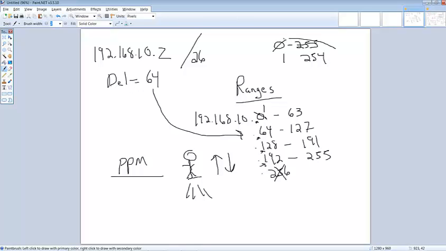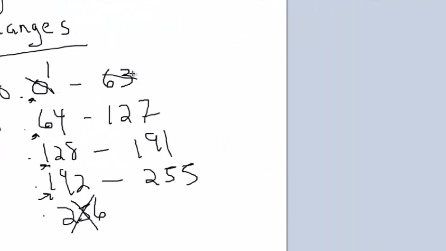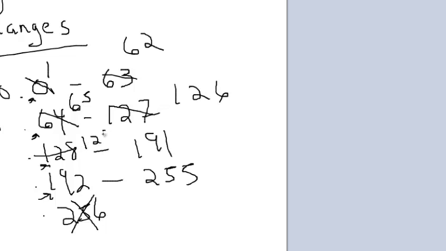Well, now instead of having that one large network, we have 4 separate networks, don't we? 4 sub-networks. So it's up 1 to 1, down 1 to 62. Up 1 to 65, down 1 to 126. Up 1 to 129, down 1 to 190, and then up 1 to 193, down 1 to 254.